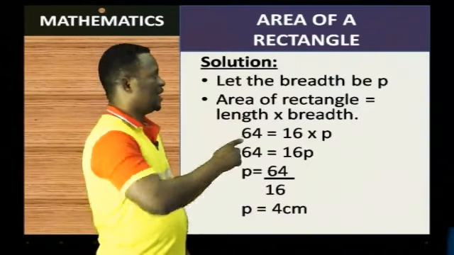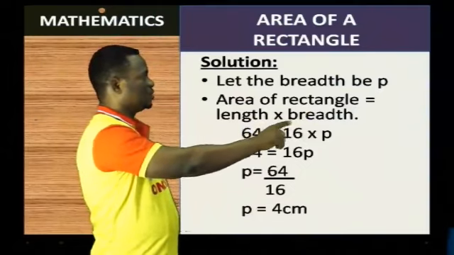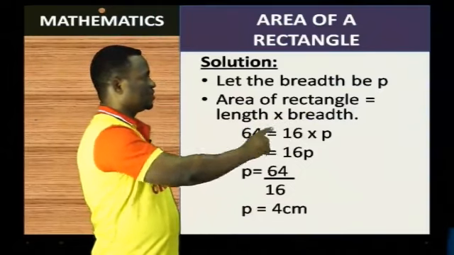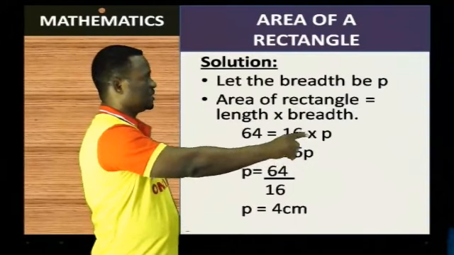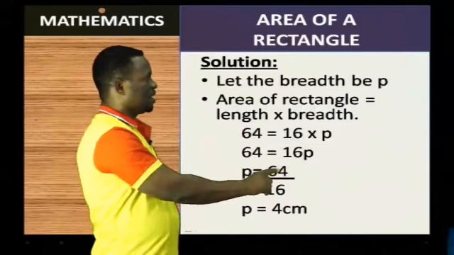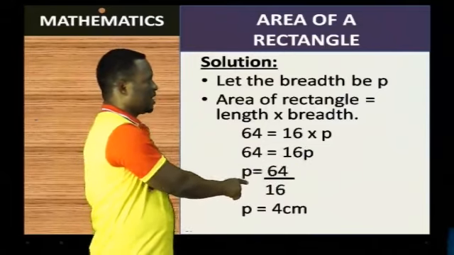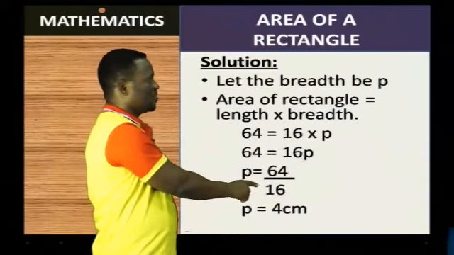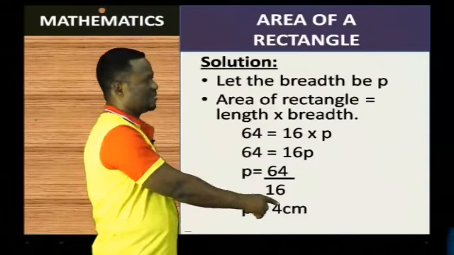Solution. Let the breadth be P. Area of the rectangle is equal to length times breadth. If you slot in the values we have 64 is equal to 16 times P. We have 64 is equal to 16P. When we make P the subject of the formula, we have 64 over 16. And our P will give us 4 centimeters.